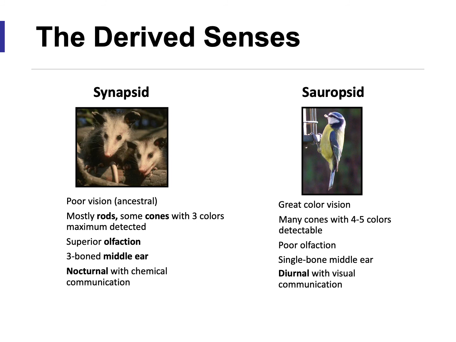So sauropsids are loaded up with cones, allowing them to see colors. In synapsids, including mammals, generally rods are more important. Rods are the photoreceptor involved in picking up light in general, and more of a night vision thing. And we do have cones. Three cones is what you'll get in humans, for example.